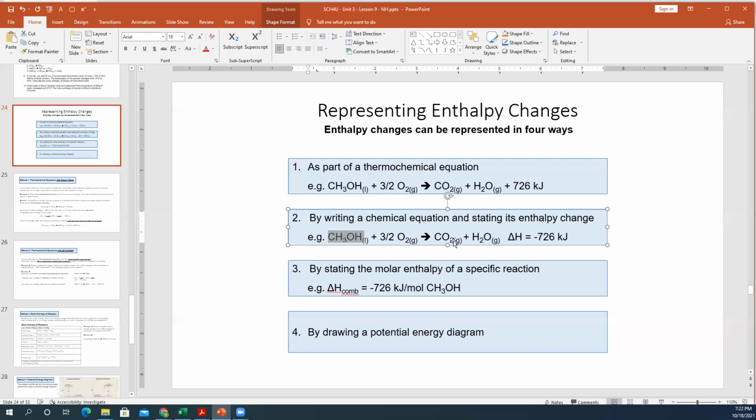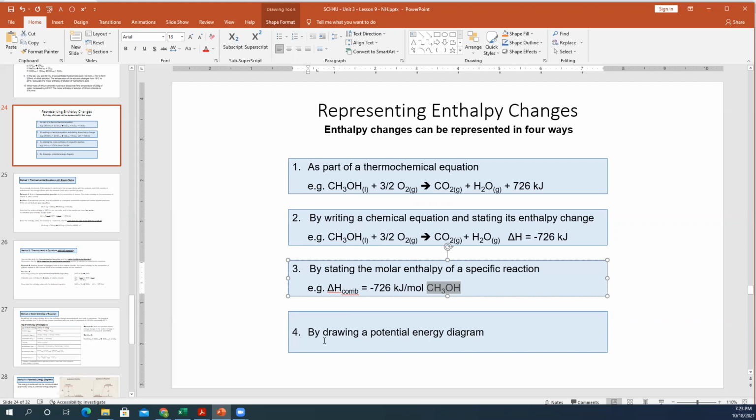It can be different values for all the other ones, but the important thing is because you're talking about methanol, its delta H of combustion is equal to minus, again because it's exothermic, 726 kilojoules per mole, because you're talking about molar enthalpy. And you say of what? Kilojoules per mole of methanol. And then we know you're talking specifically about the delta H combustion for 1 mole of methanol in this kind of a reaction.